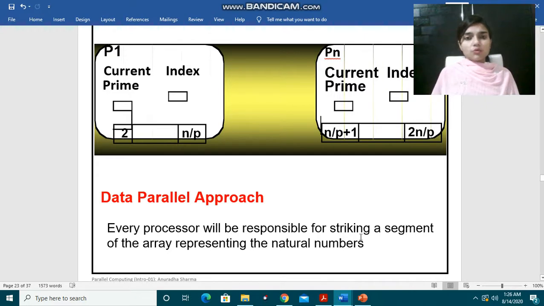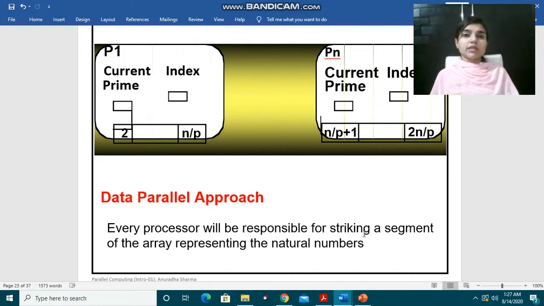In the control parallel approach, what we observed is that we take n natural numbers, and different processors are engaged in striking out the multiples of the current prime. For example, if the first processor is engaged in striking out the multiples of 2, the second processor will be engaged in striking out the multiples of 3.